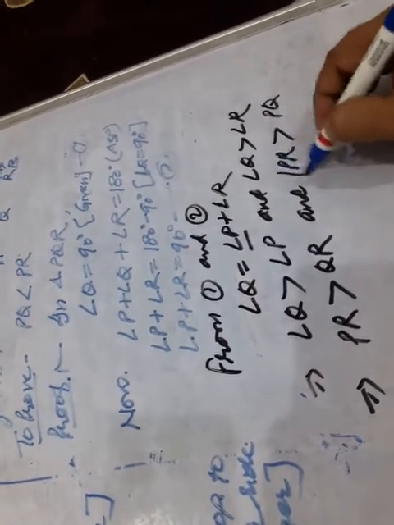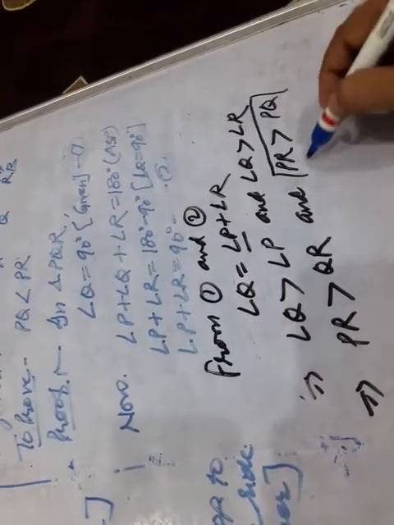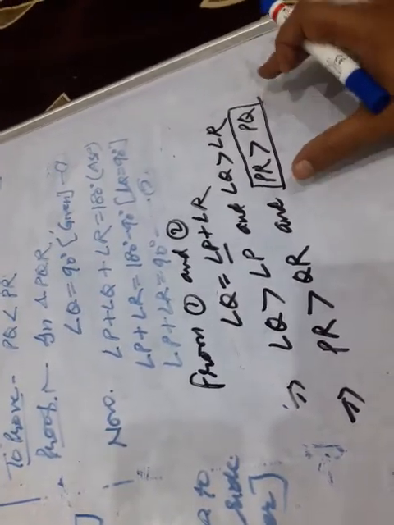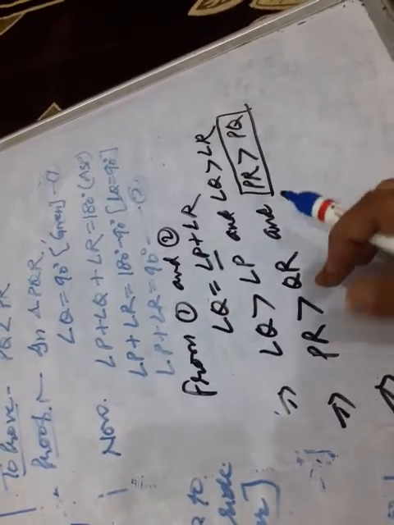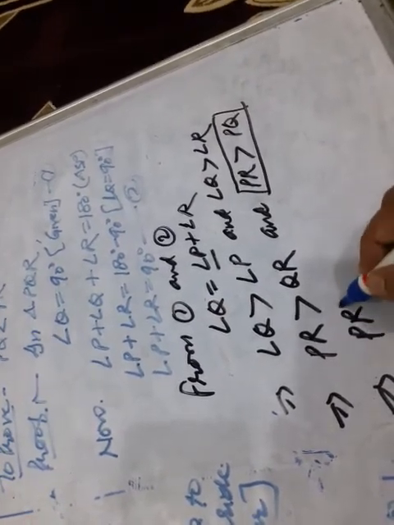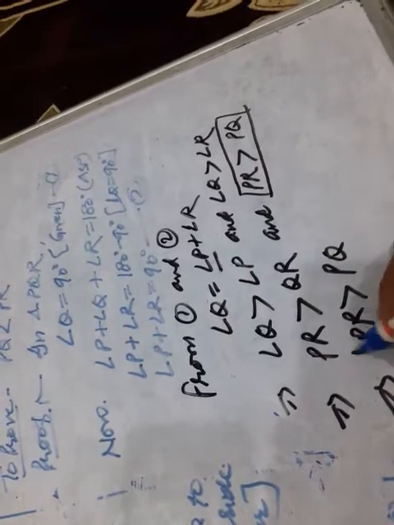This is the relation we have to prove. Since we have to prove this, we take it up. This implies that PR is greater than PQ.